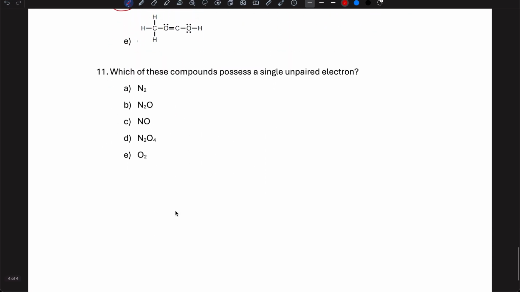Which of these compounds possess a single unpaired electron? Again, like the previous problem, similar to this, we really just have to draw the Lewis structure to figure this out. So nitrogen wants 2 bonds. And so both of them have a lone pair, which is not a single unpaired electron.